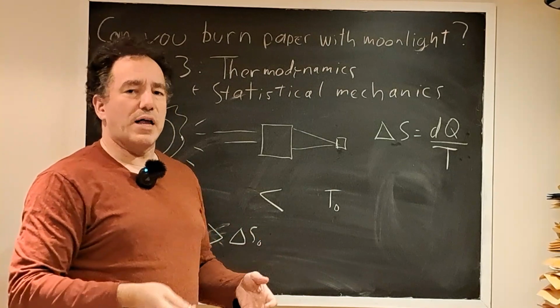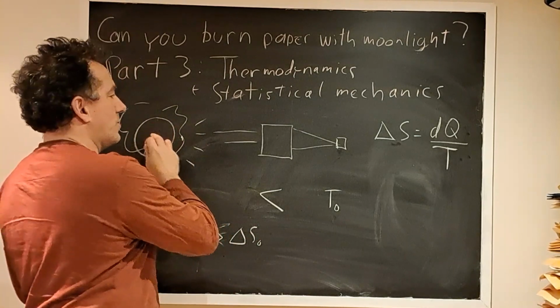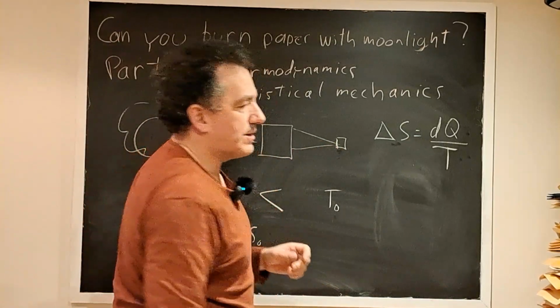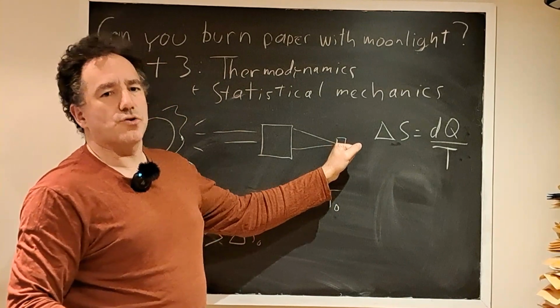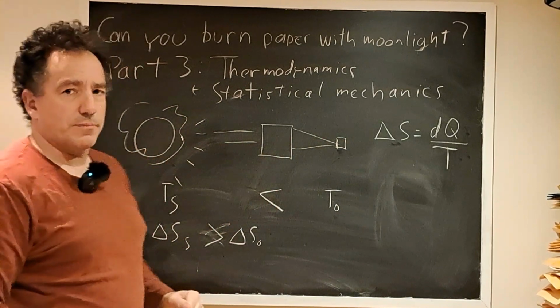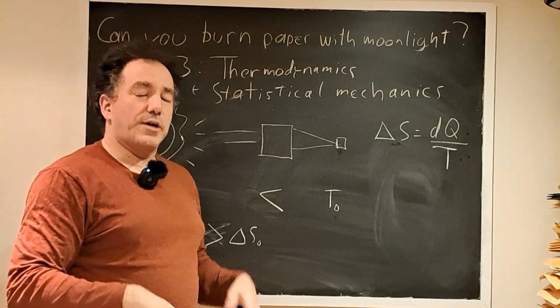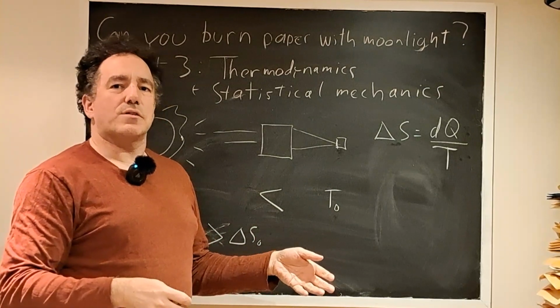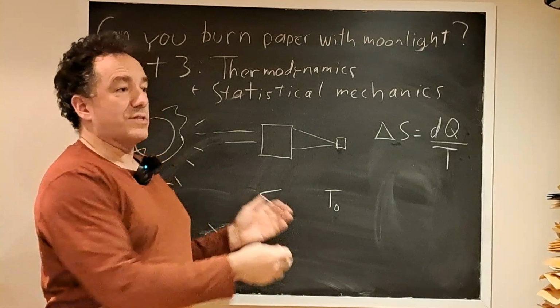So just by thermodynamic arguments, we can see that we cannot transfer heat from the sun to our object and get a surface temperature here that is hotter than the surface temperature of the sun. So that's the first aspect I wanted to discuss. In the next board, I will discuss statistical mechanics aspects of the same problem.